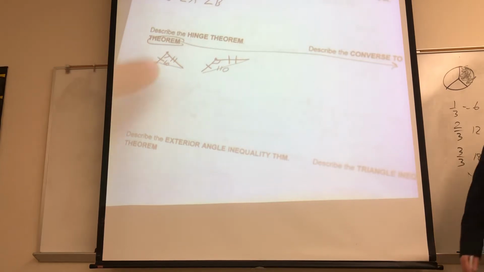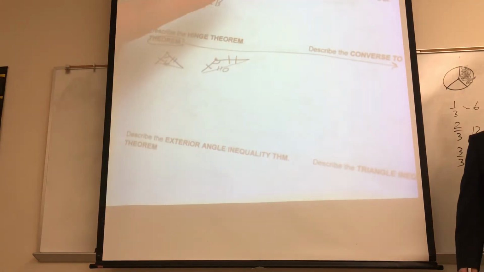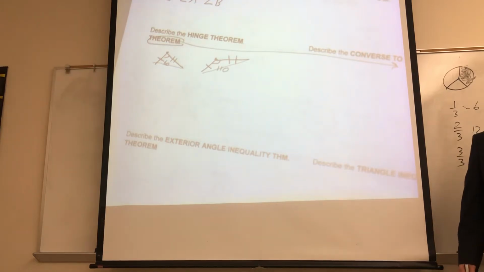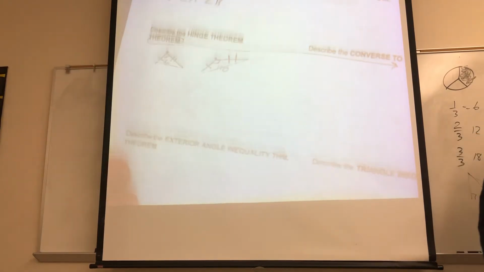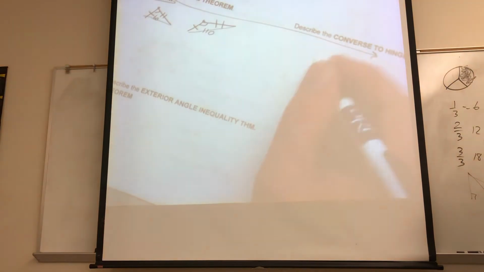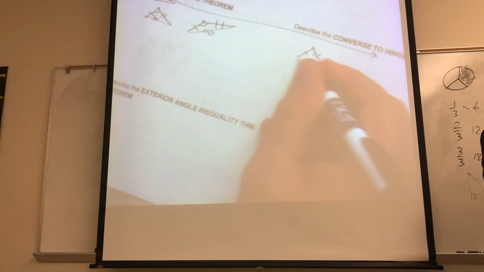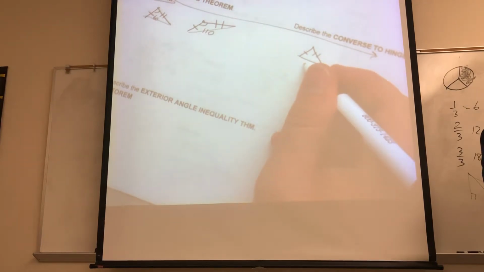The wider we open up those doors, the further the distance is going to be between them. The converse to the Hinge theorem is exactly the same thing. It's just instead of angle measures, we talk about side measures.